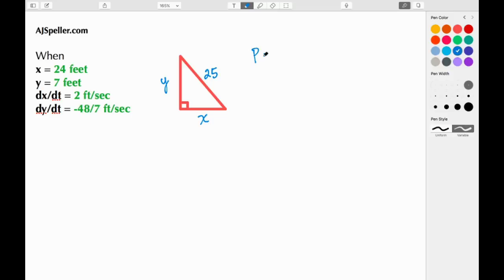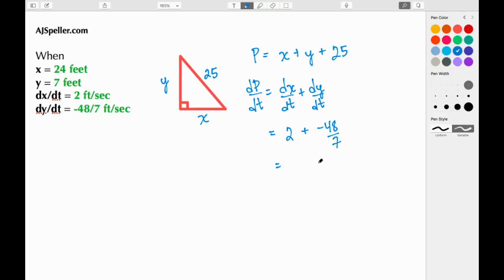So again, perimeter is equal to the x value plus the y value plus 25. We take the derivative with respect to time. So dp/dt is equal to dx/dt plus dy/dt plus 0. Again, we don't have to write the 0 because we're adding. dx/dt we know is 2. dy/dt is negative 48/7.